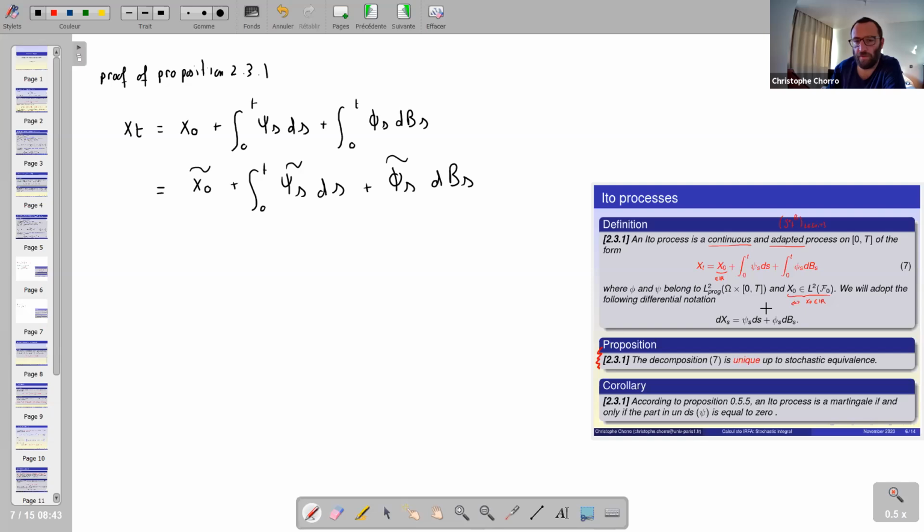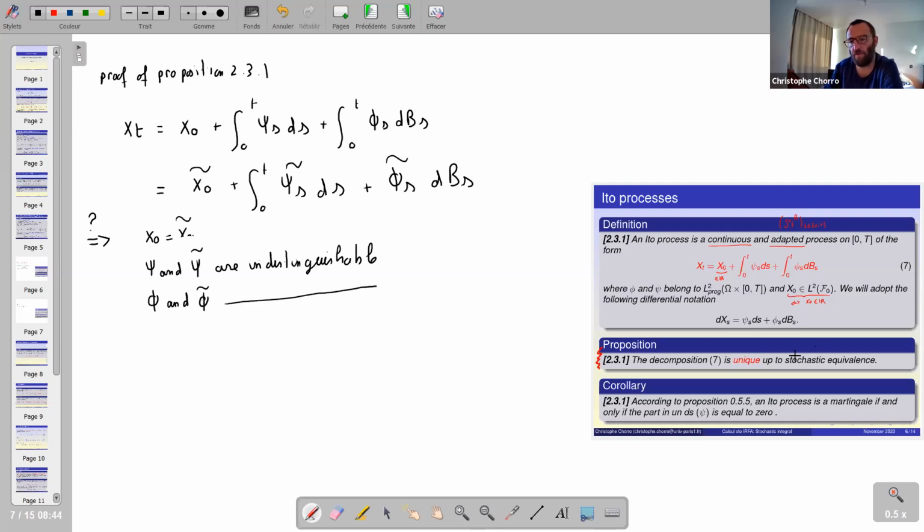The meaning of this proposition is that, if you have this, I have to prove that the two constants are equal, that psi and psi tilde are indistinguishable, and finally that phi and phi tilde are also indistinguishable.